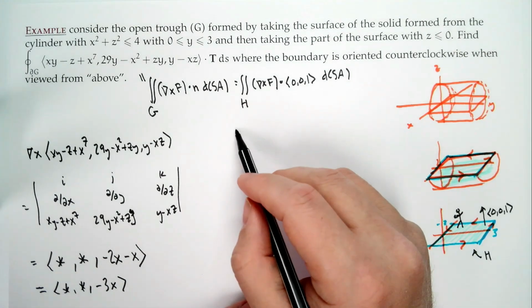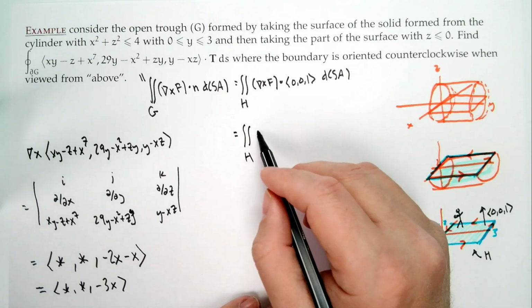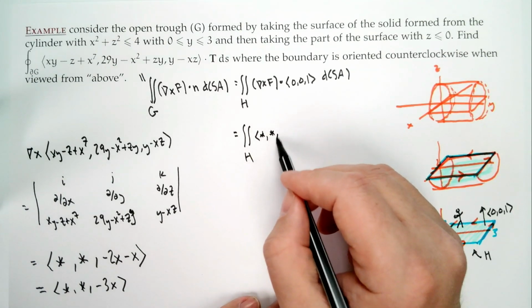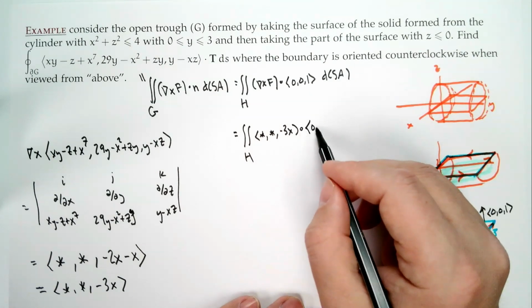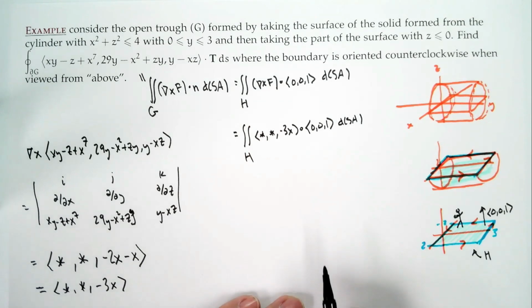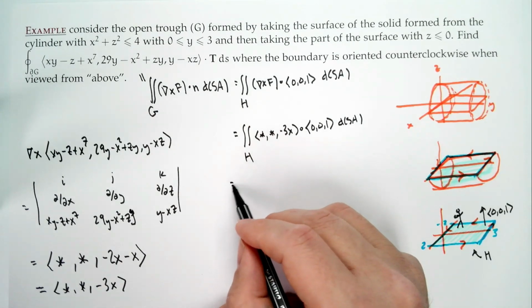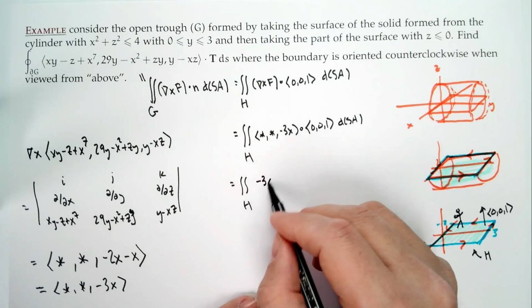So what we end up with here is the integral over h of minus 3x dot 0, 0, 1 dS, which is the integral over h of negative 3x.